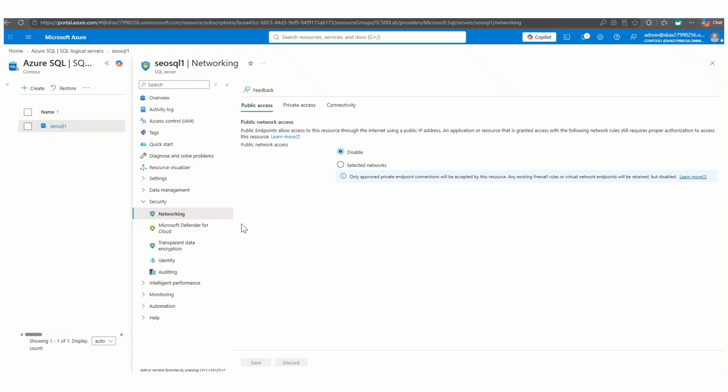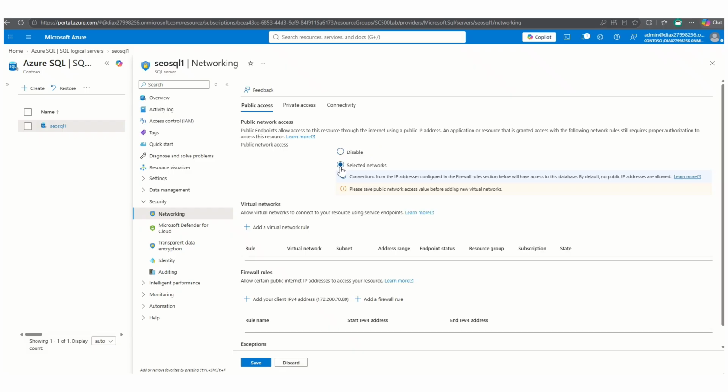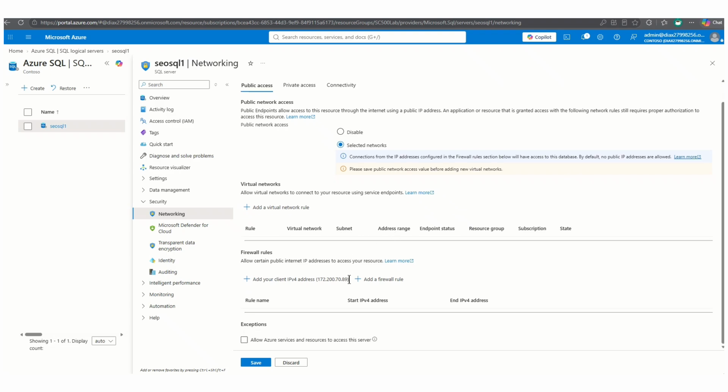An application or resource that is granted access with the following network rules still requires proper authentication to access this resource, right? So if you want to select specific networks, this is where the Azure firewall comes in. There's a lot of networking over here, as we have discussed.